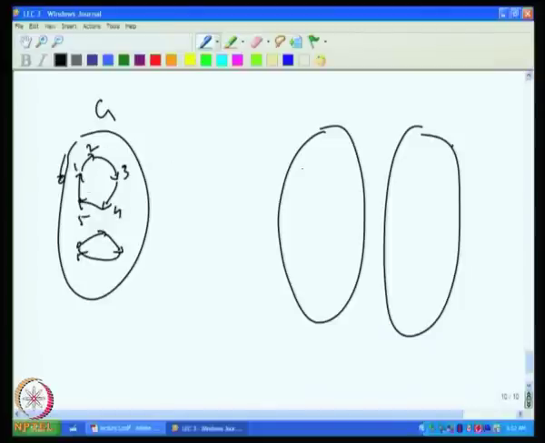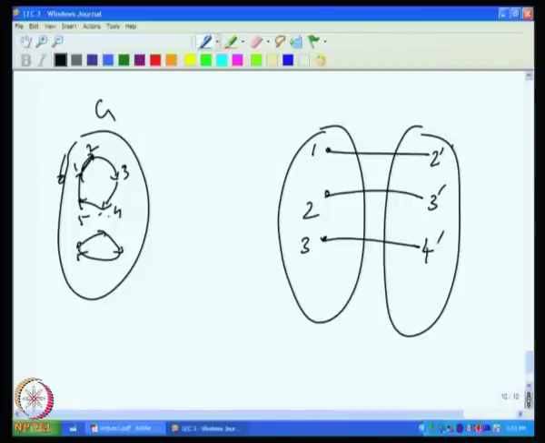What do we see corresponding to this cycle cover? This 1 2 edge will translate to a 1 2 dash edge, and the 2 3 edge will translate to a 2 3 dash edge, and then the 3 4 edge will translate to a 3 4 dash edge, and like that.